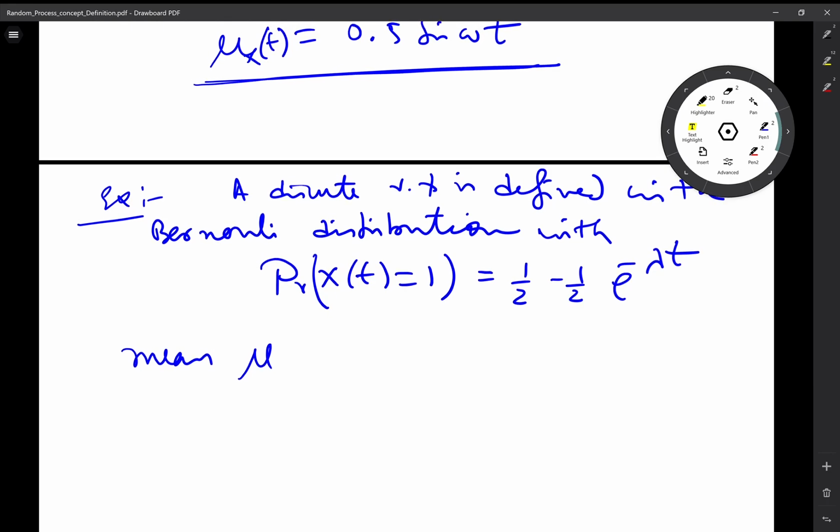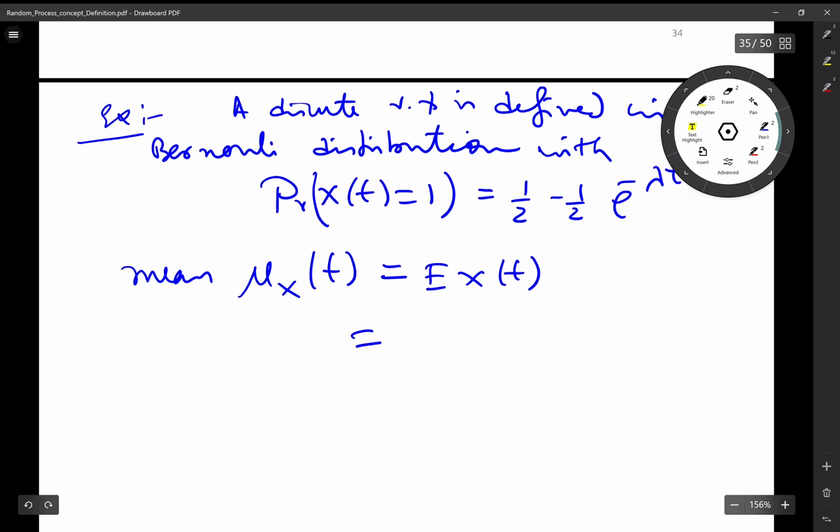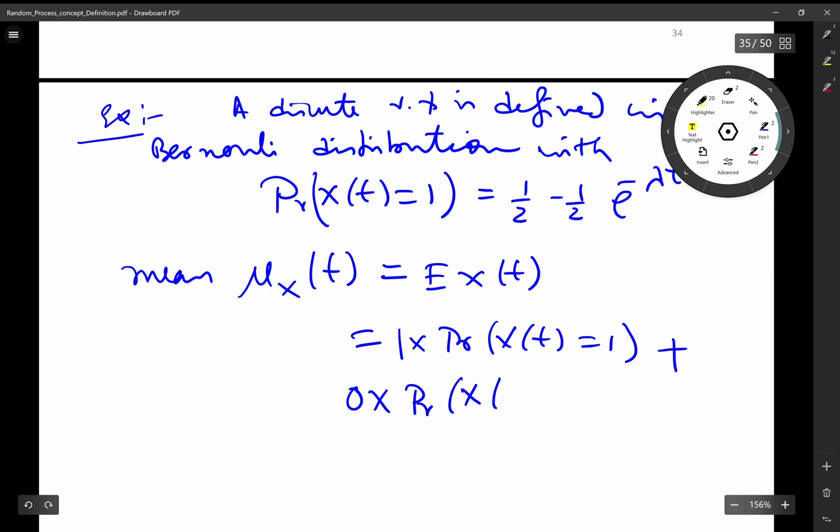So the mean value mu x of t will be equal to E of X(t), which is 1 into the probability of X(t) equal to 1, plus 0 into the probability of X(t) equal to 0.